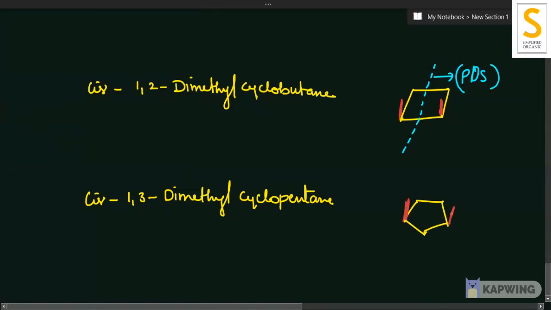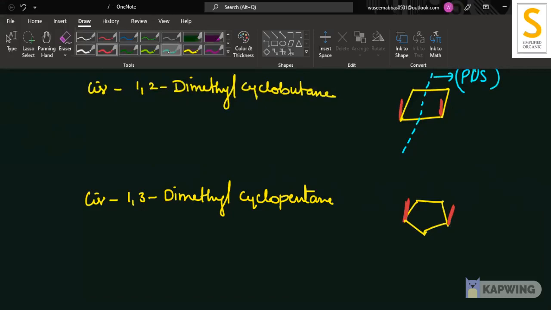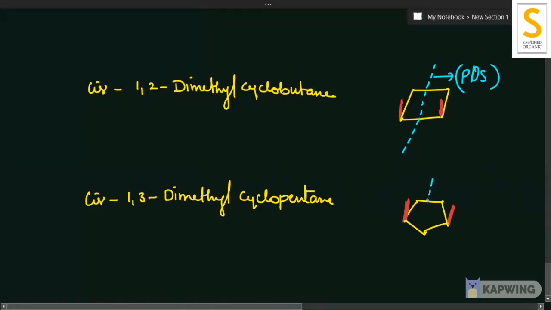I'm calling it cis because both are on the same side. And if I pass a plane through this, I can cut this molecule to exactly half. Therefore, this is called as plane of symmetry. It's an imaginary plane using which you can cut the molecule into exactly two halves.